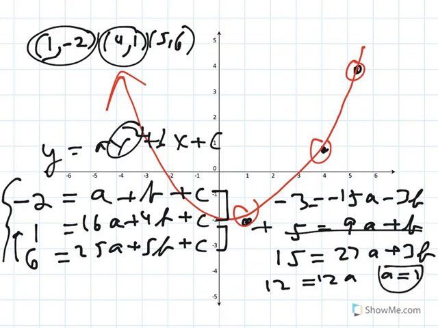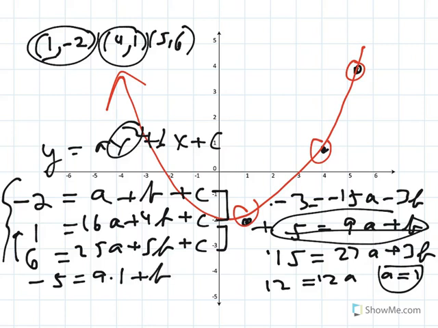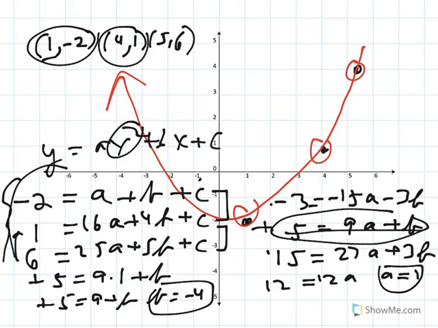Now I can take that a and plug it into any of these equations. I'm actually going to plug it into this one that's been crossed out. Minus 5 equals 9 times 1 plus b. Minus 5, it's plus 5. Plus 5 equals 9 plus b, so b is equal to negative 4. I have two pieces. And now I can take the a and the b and plug them into any of these original equations. I'll plug them into this one, that's the easiest.